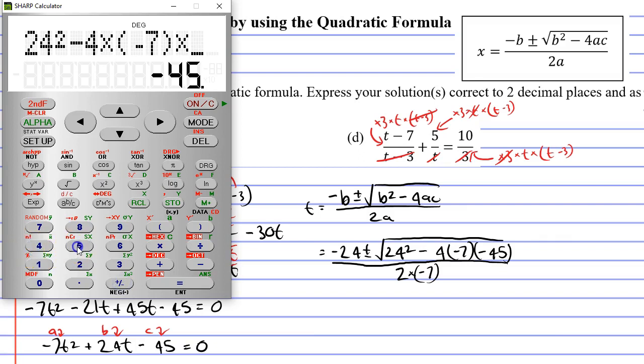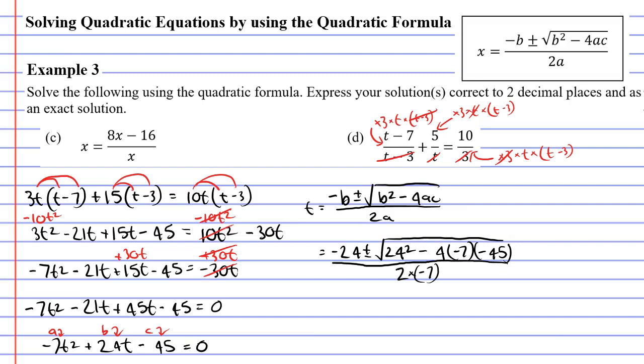So negative 45. What do we get? We get negative 684. So we're going to get negative 24 plus or minus negative 684. All of this over 2 times negative 7, which is negative 14.